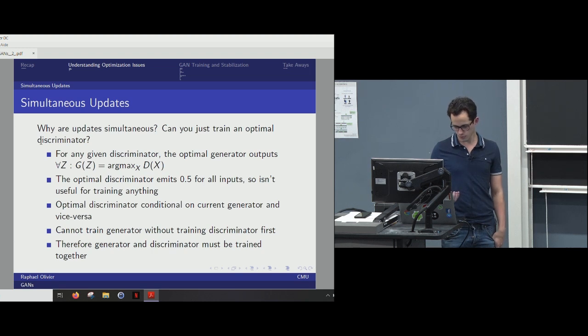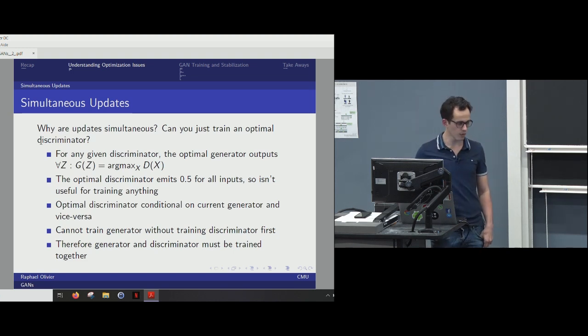If you have a discriminator fixed, then a generator that tries to fool it is just going to always output the one point where the discriminator has maximum output. So there must be one point like that, and it's just going to learn to go systematically there and lose all the distribution aspect that we were trying to get. So that's not at all what you want.